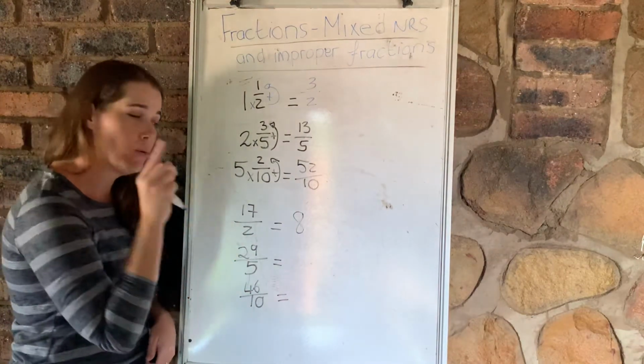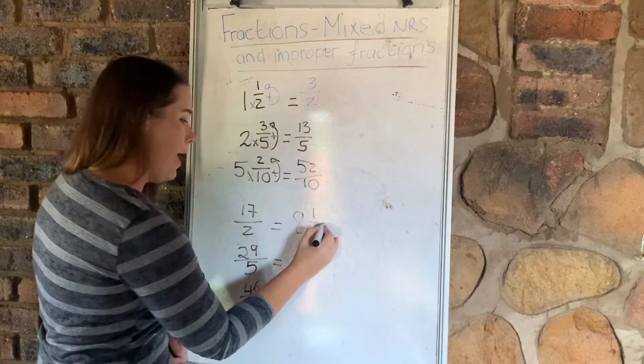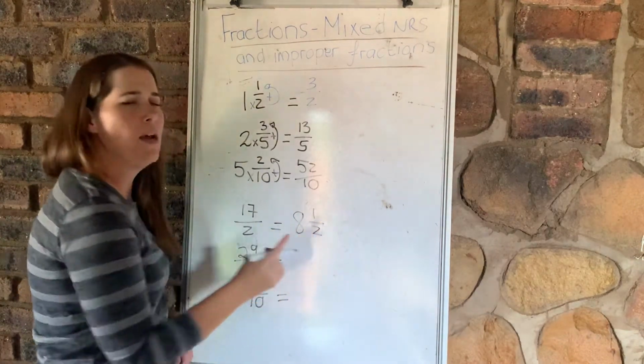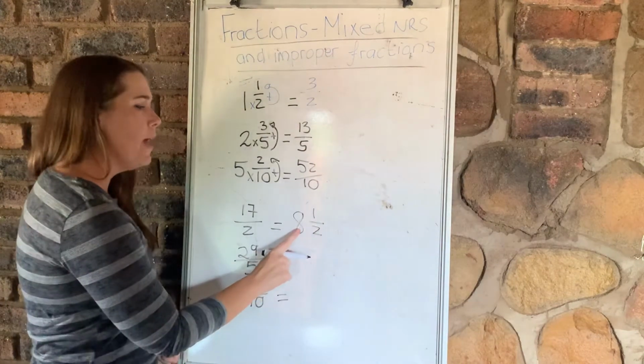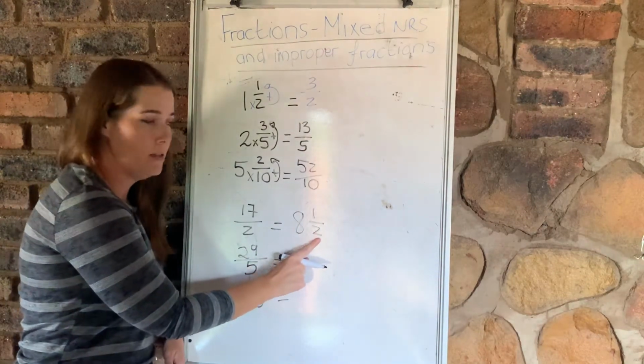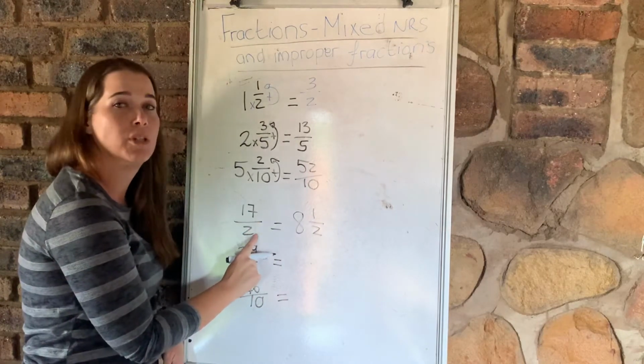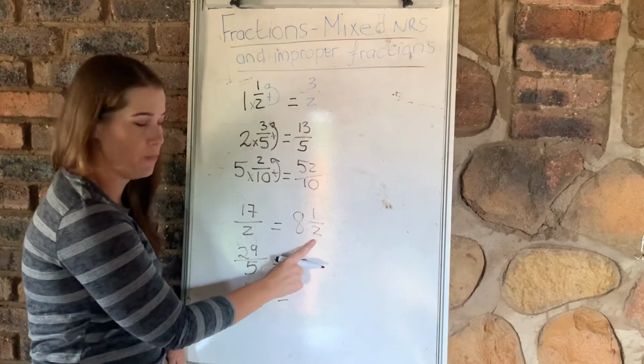So I have a remainder of 1, and our denominator doesn't change. Now let's test it. 8 times 2 is 16, plus 1 is 17 over 2, because the denominator doesn't change.